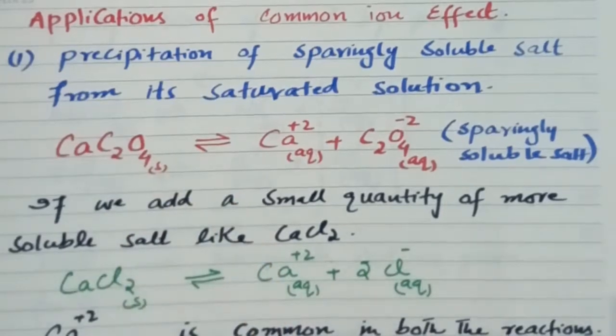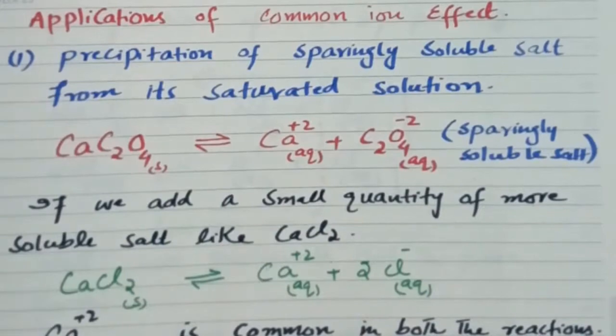The amount of calcium ions and oxalate ions will decrease, and the amount of calcium oxalate in solid form will increase in the reaction mixture because of the addition of calcium chloride. This effect is known as the common ion effect, in which the solubility of a sparingly soluble salt is decreased by the addition of another salt in which one of the ions is common.